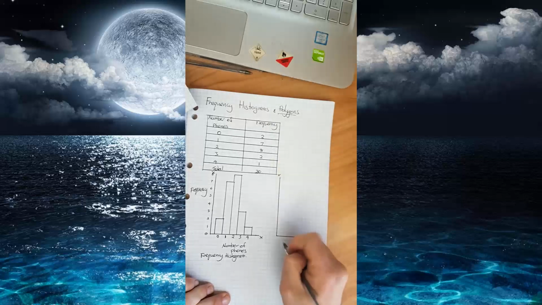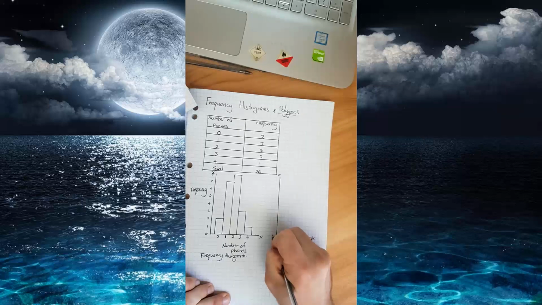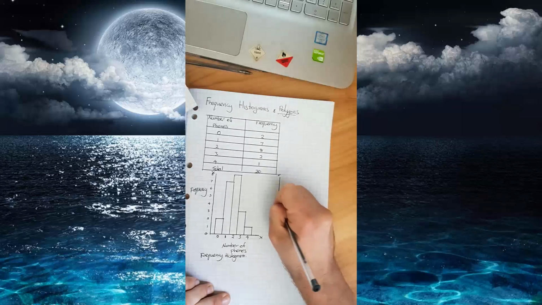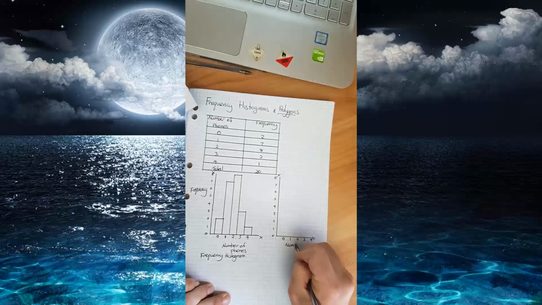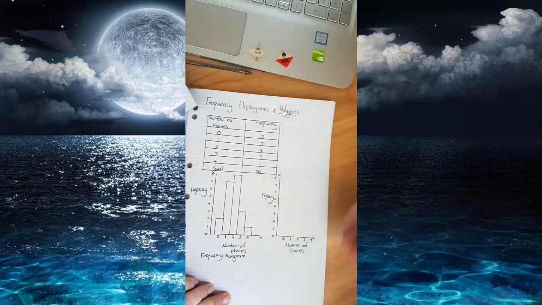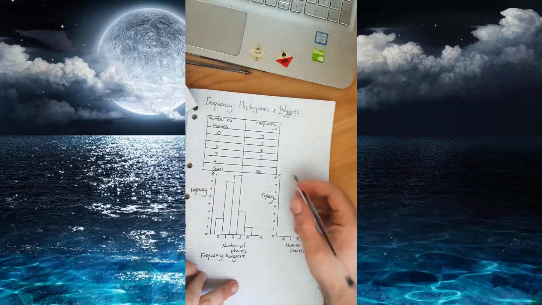Again, label X and Y. Always label your axis. Okay, so we've got our grid all ready to go. Now what we're going to do is turn this data into a polygon.